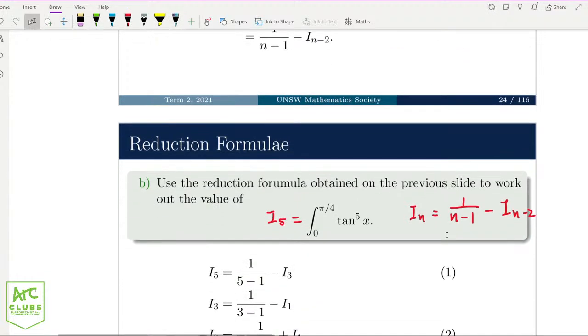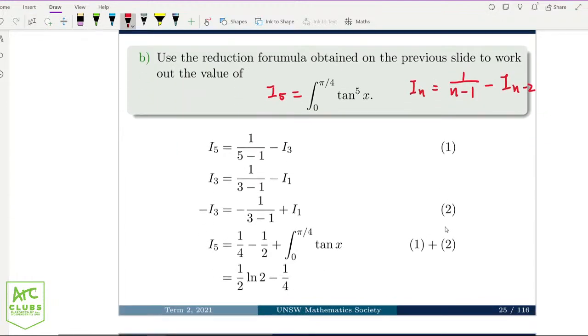We can do that by first writing an expression in terms of I5. Because I5 is in terms of I3, we then write an expression in terms of I3, which is already reducing our power down. So we end up with I1 at this stage.